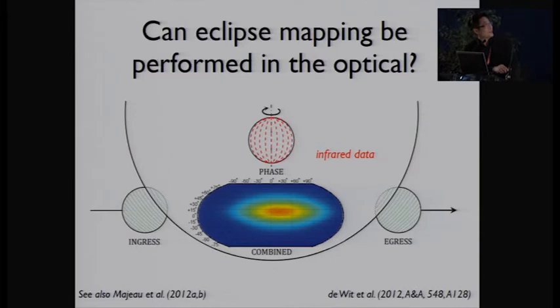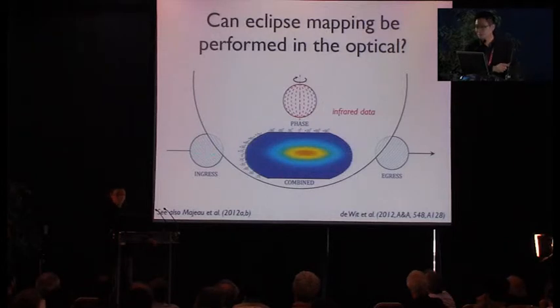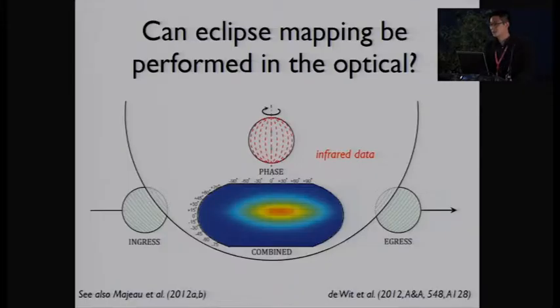You can measure infrared data of your regular phase curve, which gives you east-west information if the spin axis is aligned with the star. Now, if you have high cadence at ingress and egress, in principle, as this cartoon suggests, you would have north-south and east-west information, and in principle, you could combine these two data sets and back out something like a 2D map. Why is it controversial?